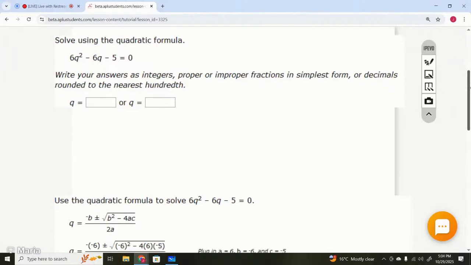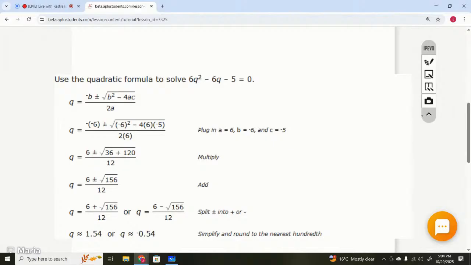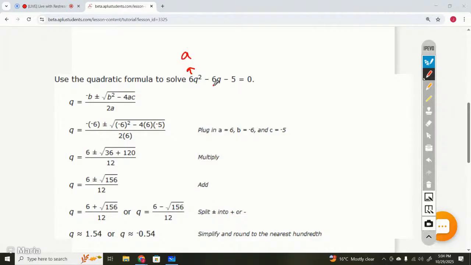So the quadratic formula is q equals negative b plus minus square root b square minus 4ac divided by 2a. So in the given equation, a equals 6, b equals negative 5, c equals negative 5.